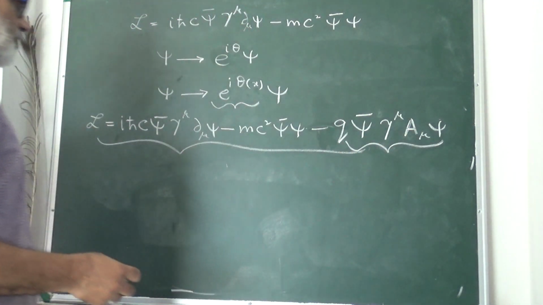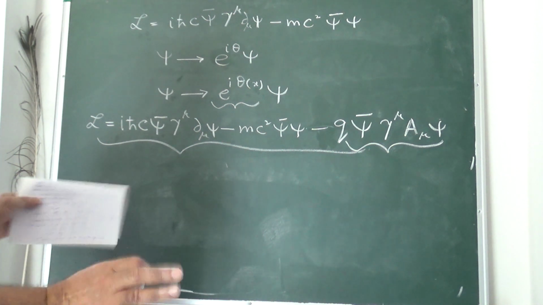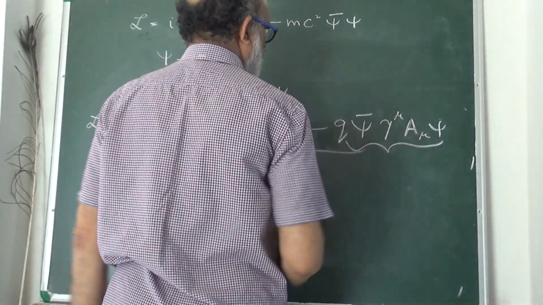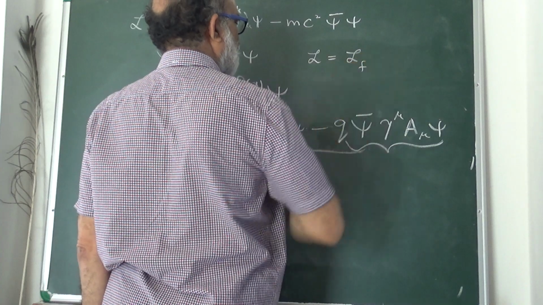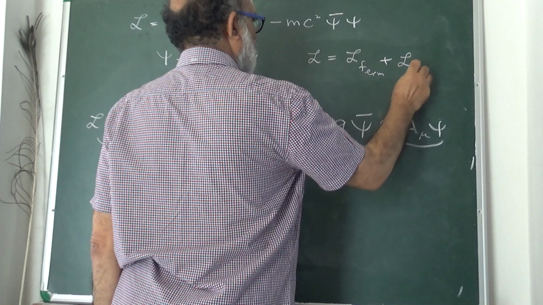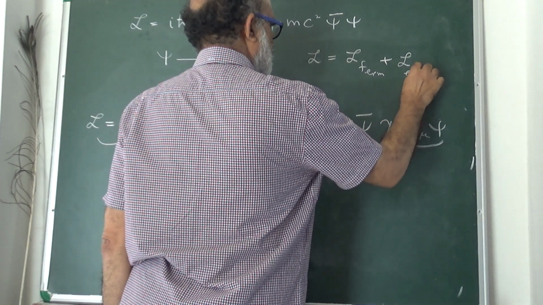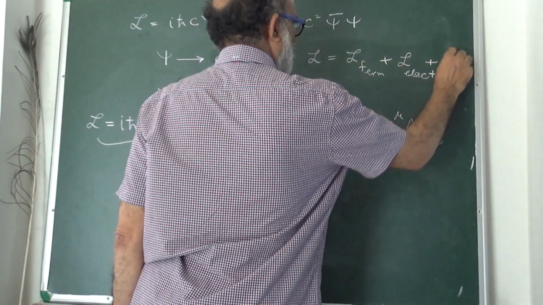And what is the Lagrangian of the electromagnetic field? The complete Lagrangian must be the Lagrangian from the fermion field, plus the Lagrangian from the electromagnetic field, plus the interaction part.